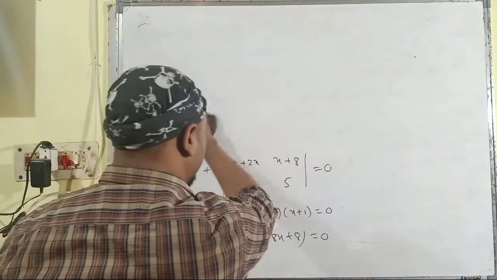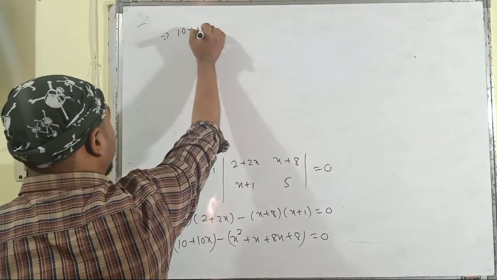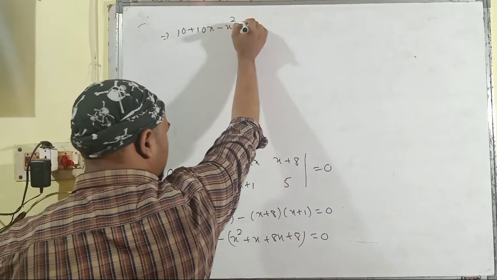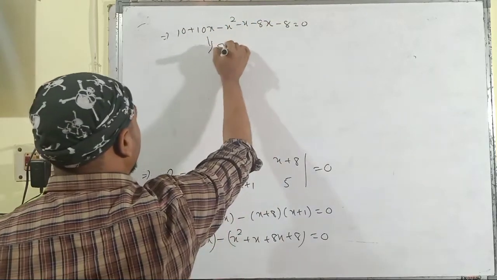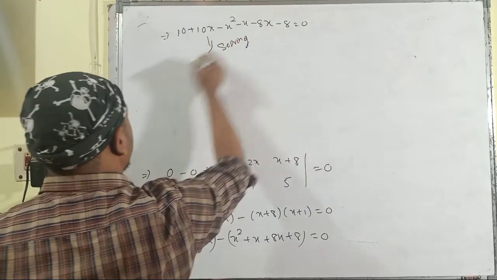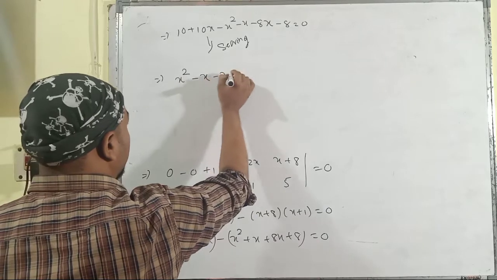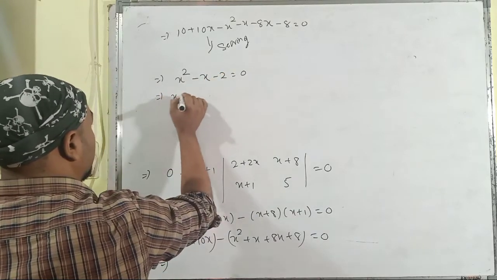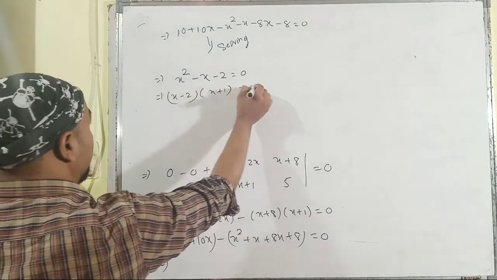This is 10 plus 10x minus x square minus x minus 8x minus 8 is equal to 0. Solving, we are getting x square minus x minus 2 is equal to 0.